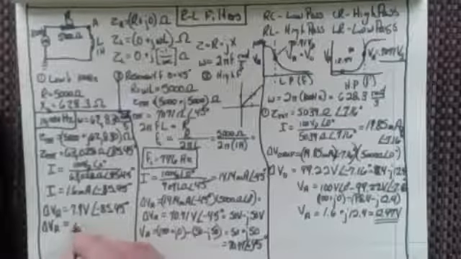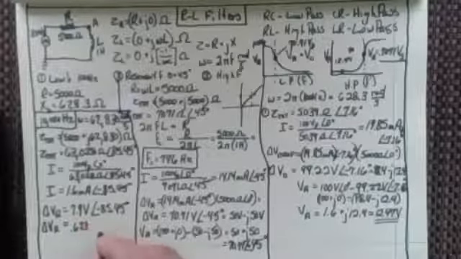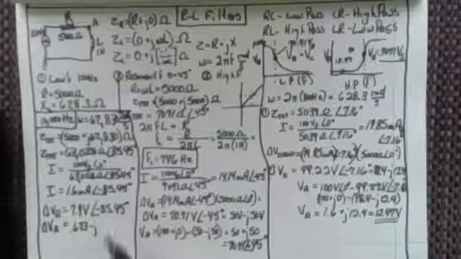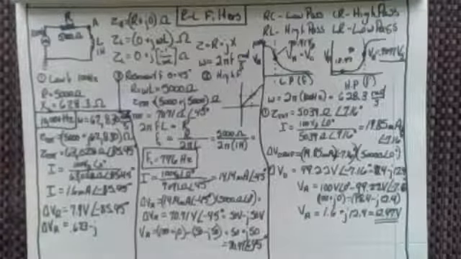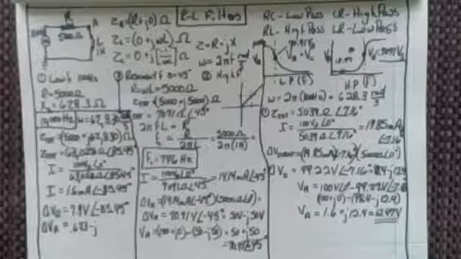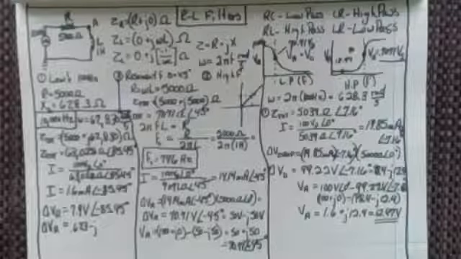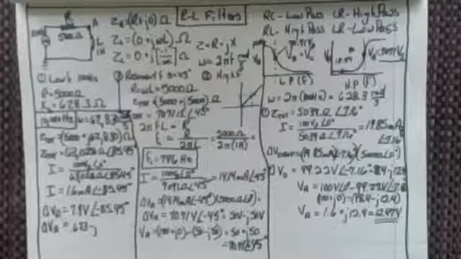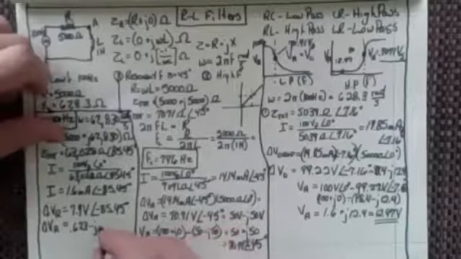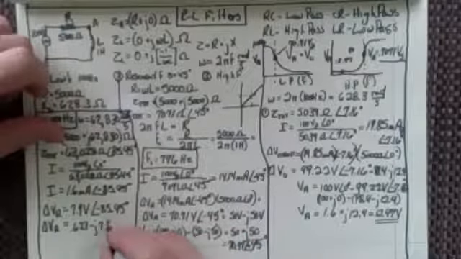So 0.623 minus J. Why do I have a minus there? Because it's minus 85.45, right? So 7.9 times the sine of minus 85.45 gives me minus 7.88 volts.